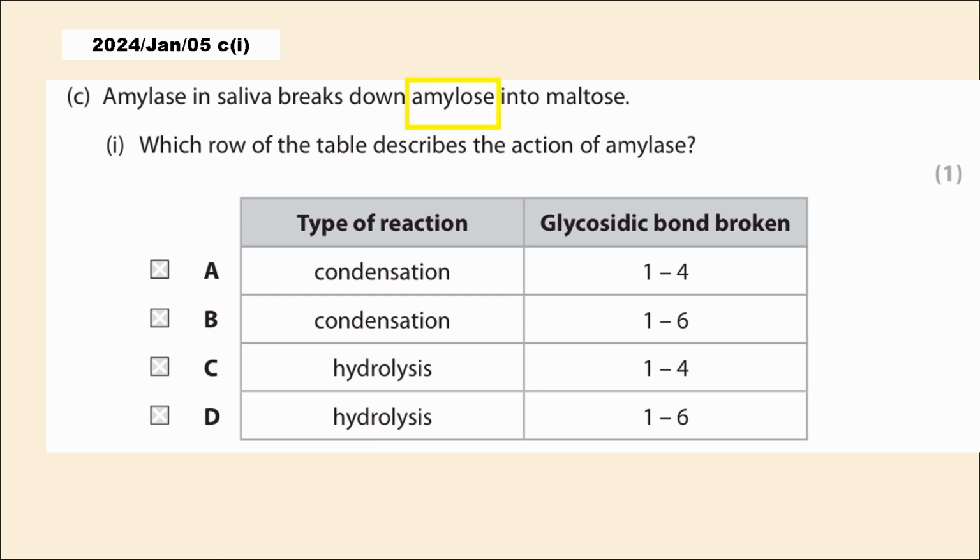Amylose contains only 1,4-glycosidic bonds, and these are the bonds that amylase targets and breaks. So therefore, the correct answer is hydrolysis, and the type of bond broken down is the 1,4-glycosidic bond. So the final answer is C.